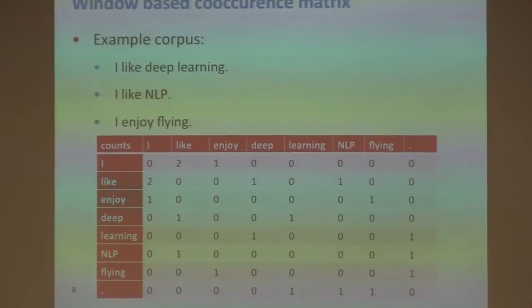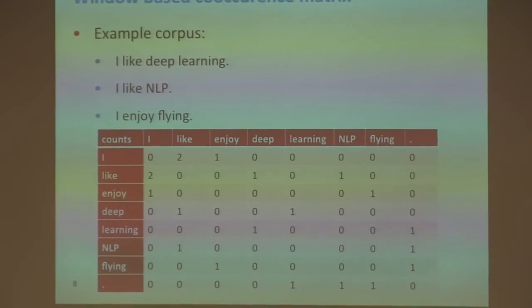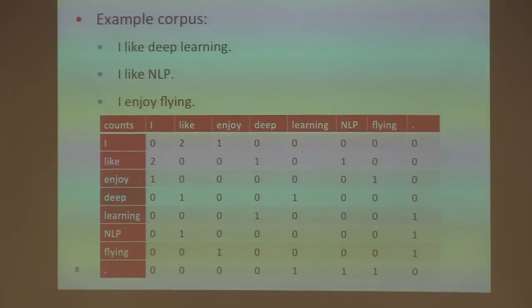So let's look at what a window length 1 co-occurrence matrix would look like. Here we basically say, all right, in the context of the word I, 1 word to the left, 1 word to the right, I see like twice. Let's assume for now that there is no beginning of sentence token, so we just ignore the first word's left neighbor and assume there is none.